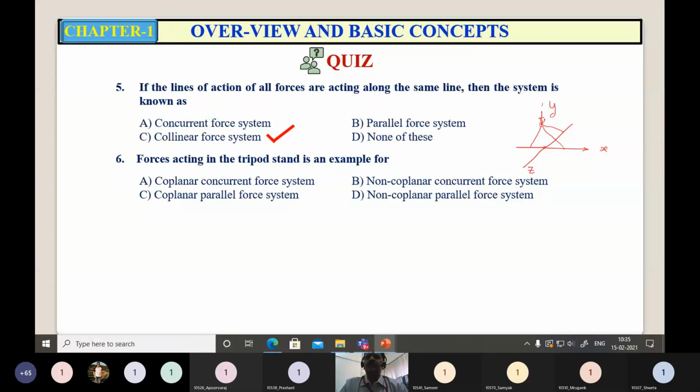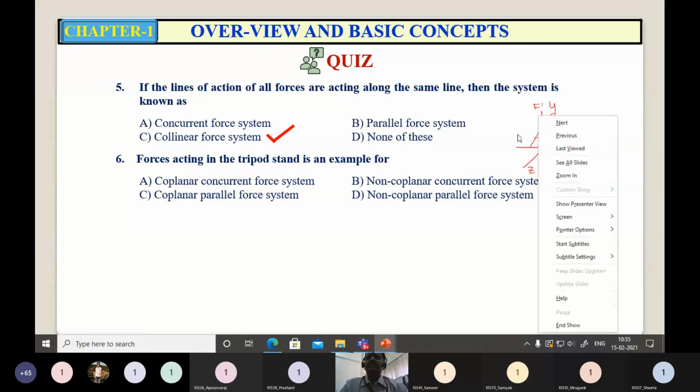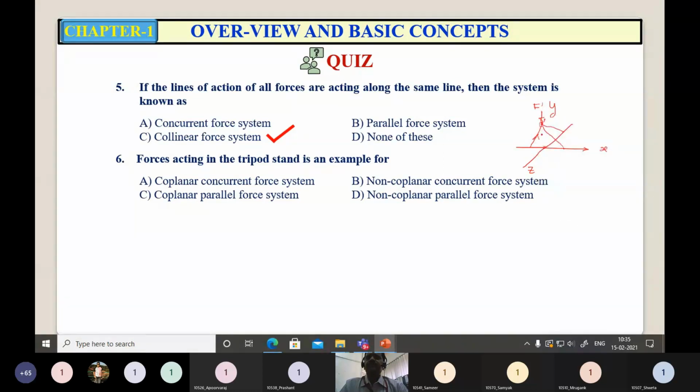So you are applying some force on the tripod. Then these 3 legs are resisting this force, right? Now tell me what is the correct answer.